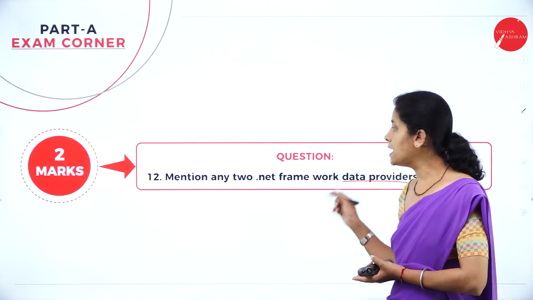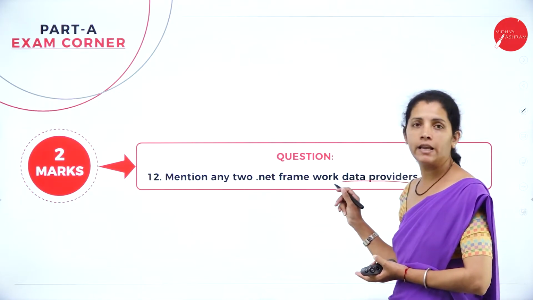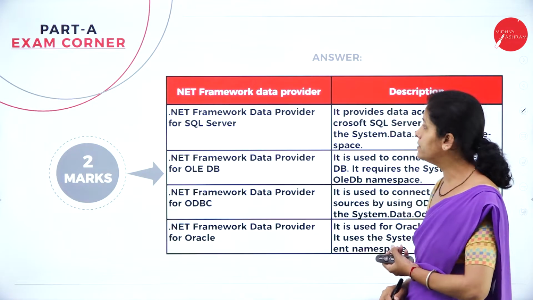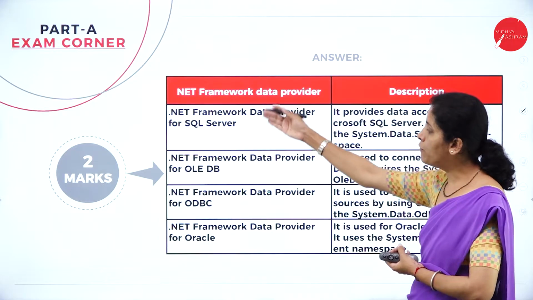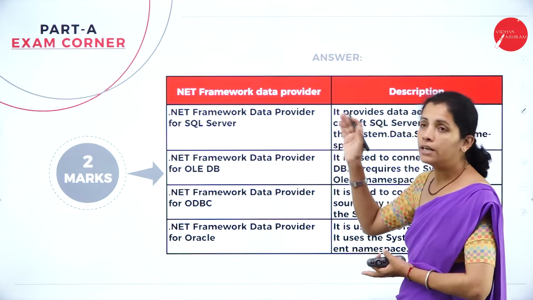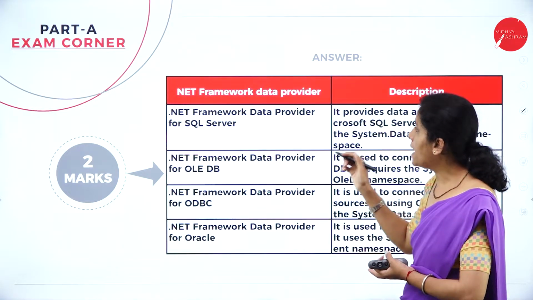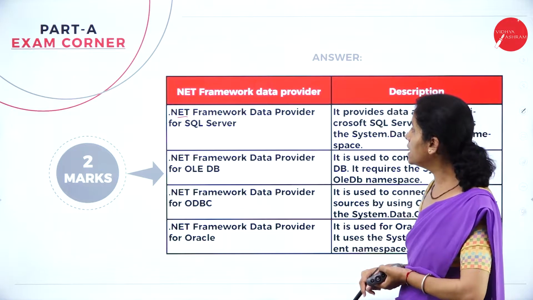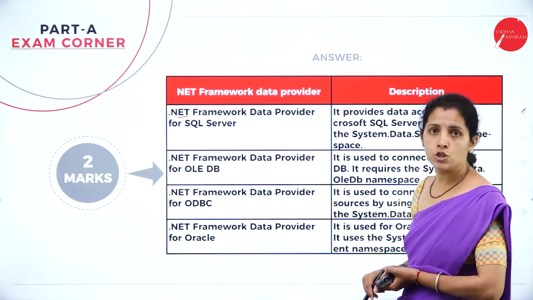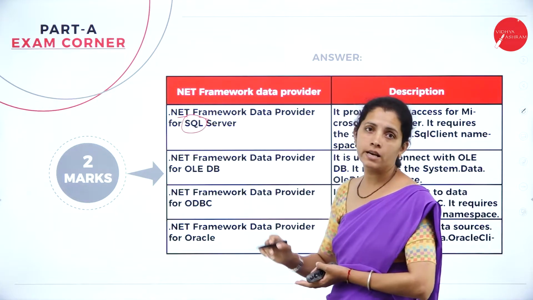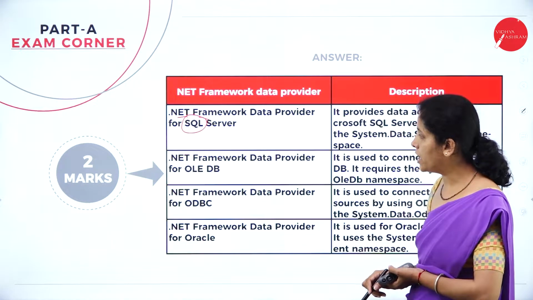Now, the next question here is: mention any two .NET Framework data providers. So, dear student, I want to list any two .NET Framework data providers. Here I have four different kinds. The first one is .NET Framework data provider for SQL Server. What is SQL? That's nothing but Structured Query Language.